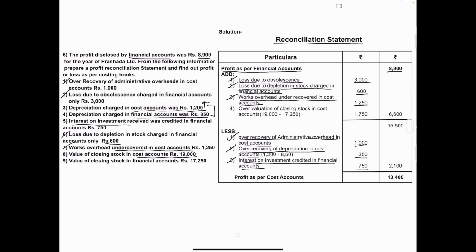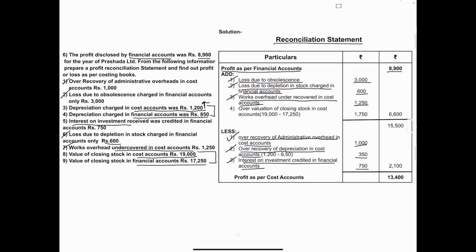Value of closing stock in cost accounts 19,000. Value of closing stock in financial accounts 17,250. Compare these two figures. In cost accounts the value of closing stock is 19,000 and in financial accounts 17,250. So 19,000 is more compared to 17,250.